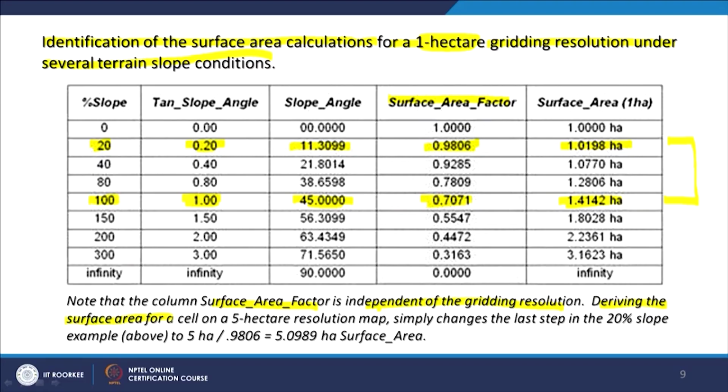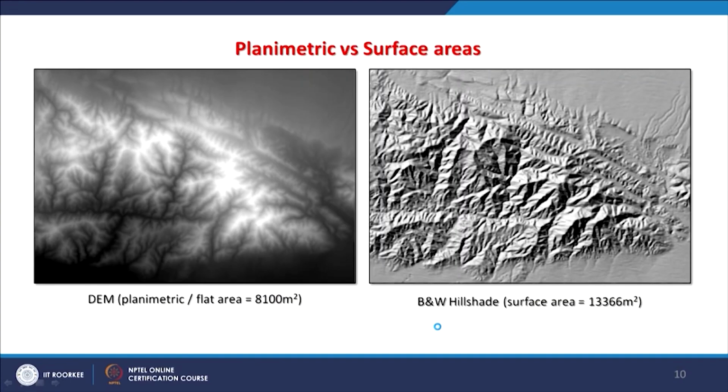Deriving the surface area of a cell on a 5 hectare resolution map simply changes the last step of 20% above to 5 hectare, and you get the area. If I show the real examples, on the left side you are seeing a simple digital elevation model, and when we use it for calculations of surface area, this comes to around 8100 square meter.